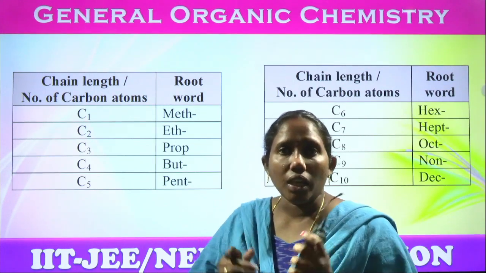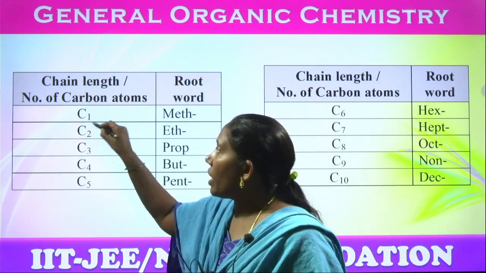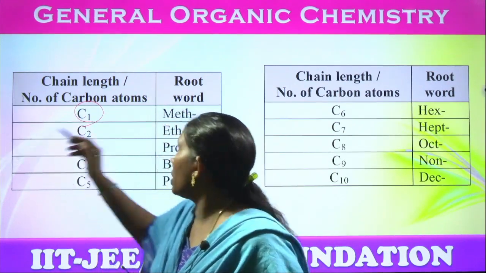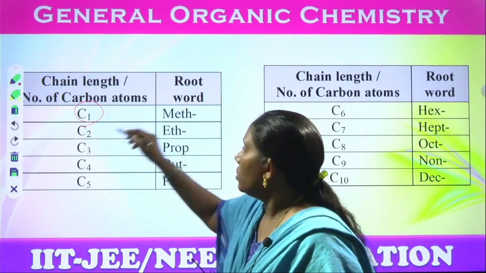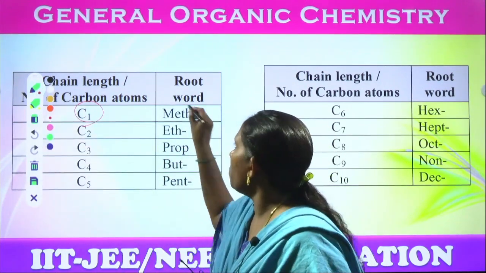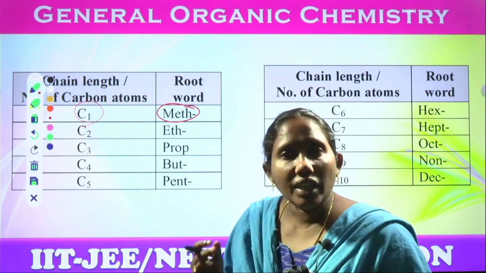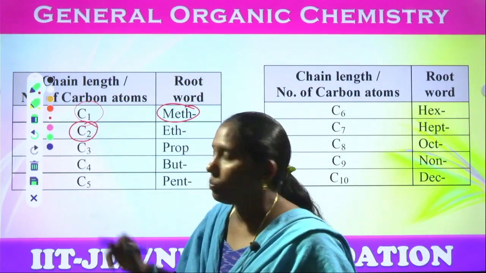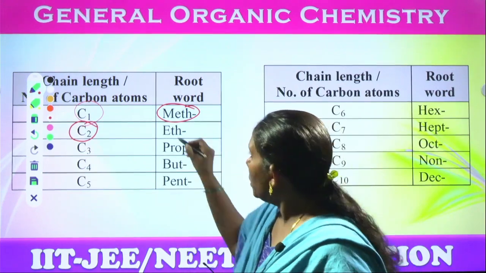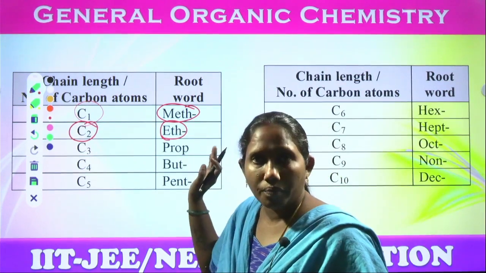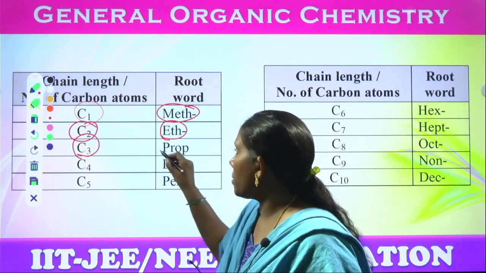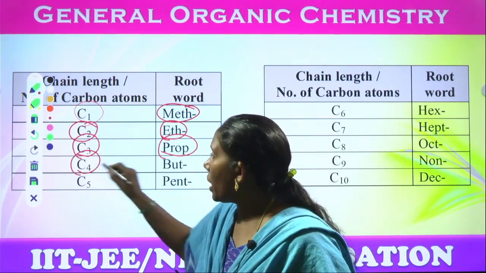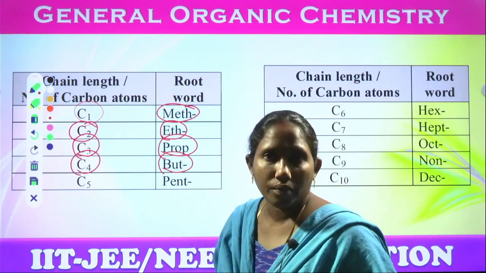For the given organic compound, if you have only one carbon atom, then the root word will be meth. In the given organic compound, if you have 2 carbon atoms, C2 means 2 carbon atoms, then the root word will be eth. If you have 3 carbon atoms, the root word will be prop. If you have 4 carbon atoms, root word will be but.